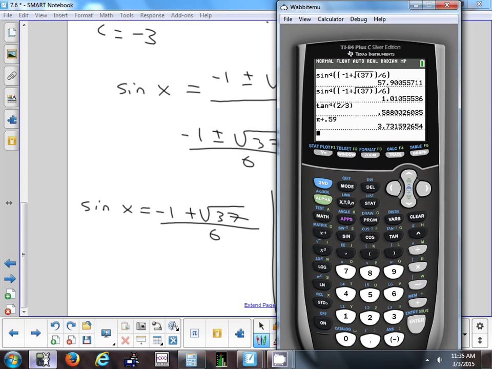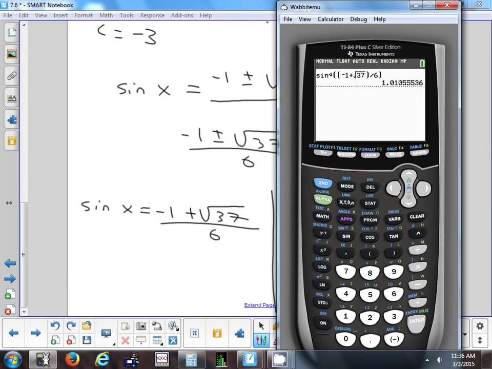To get x by itself, you're going to use inverse sine. And we'll type in second inverse sine, -1 plus the square root of 37. Okay, and what I did is I put the numerator in parentheses just in case it had a problem with order of operations, and divide by 6.